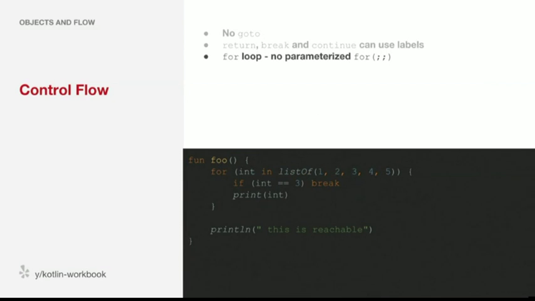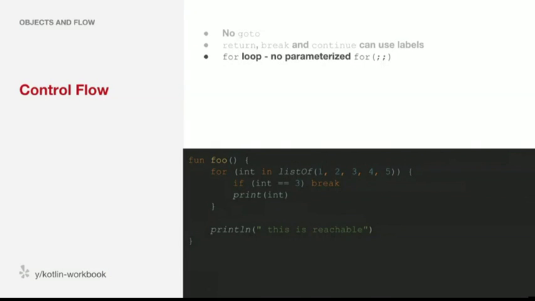Alrighty. And so like you saw before, we have for loops again, pretty typical things. Unlike Java and C, there are no parameterized for loops. So you don't have your int i, like i is less than 1, i++. That no longer exists. Kotlin provides a couple things so you can still have all the functionality you expect. You can use ranges.